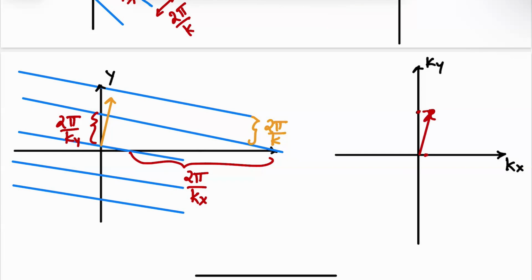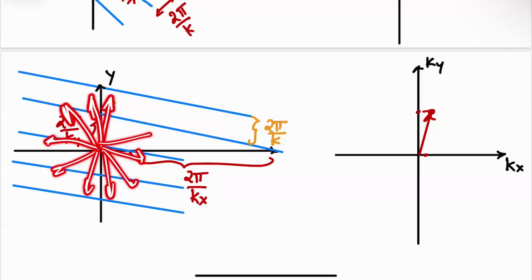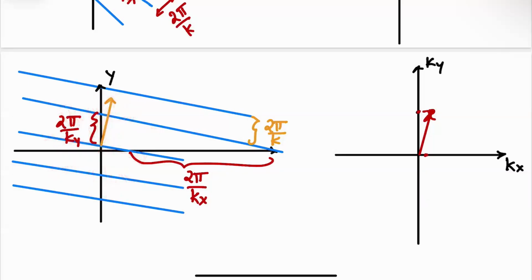So you can kind of see that for this plane wave going in this direction, or this direction, or this direction, and so on, the kx and ky points trace out a circle at a given k, at a given frequency, right? And that's exactly right.